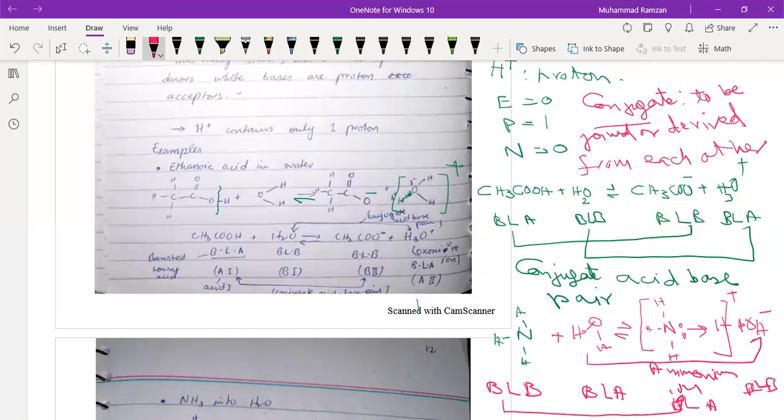This is about pairing. Please tell me, is it clear or not? So this is a conjugate acid-base pair.